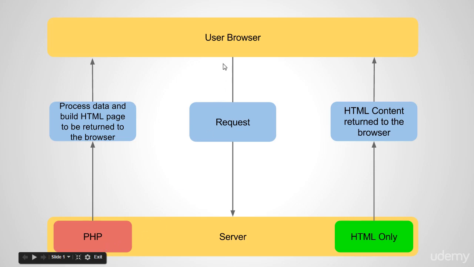Any data that the user sends to this file, it could be login details, it could be any kind of parameters, once it is sent to the PHP file, the PHP file is going to process the data for us, and then based on that, it will build an HTML page which is going to be returned to the browser, and then we can see it. Let's have a look at a few examples to understand this in a clear way.